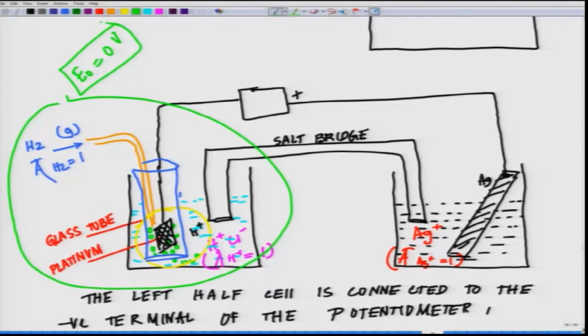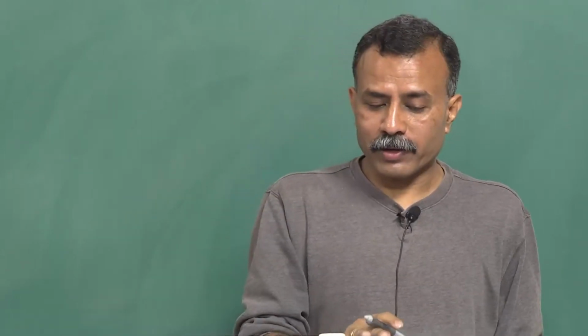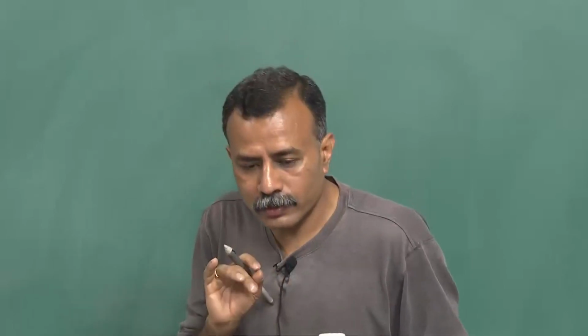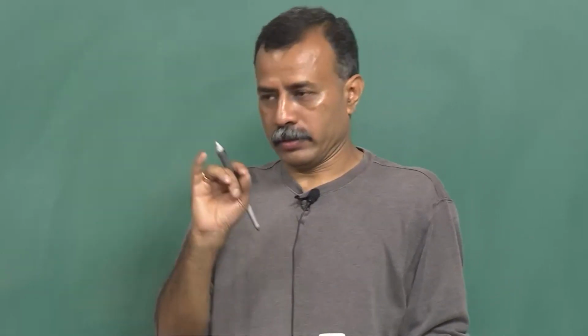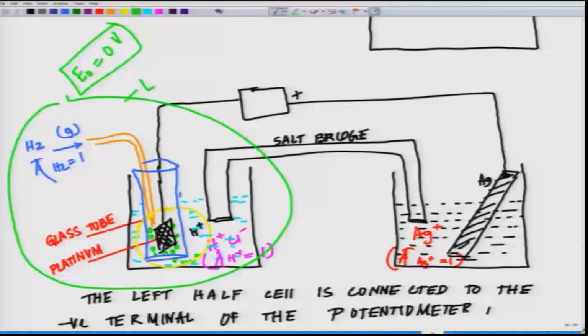Please understand this electrode concept, because I will close in here today, and in the next class I will tell you what will happen when there is a deviation from 0 and what that means, and that will give you an idea. So this is our first electrode that we studied.